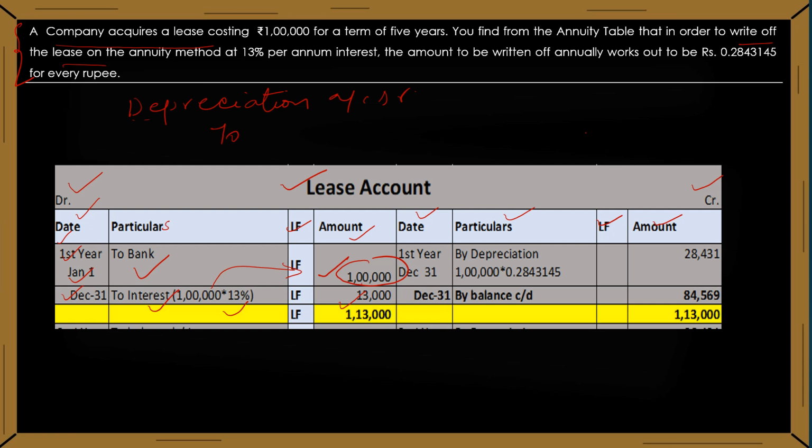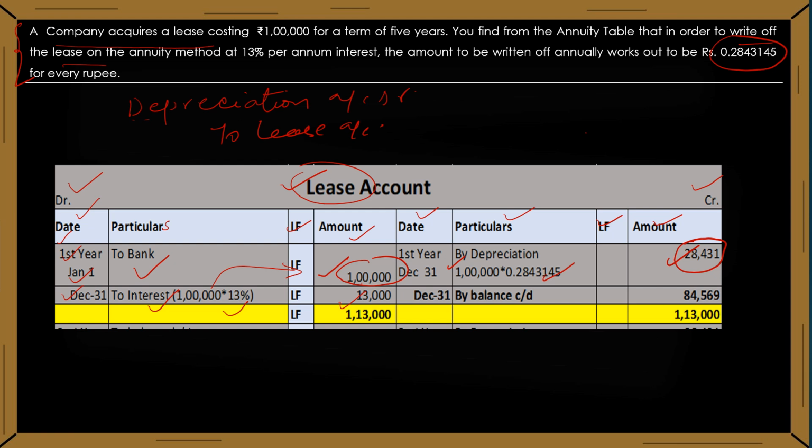Now, since we are doing lease account, we are going to take it as lease account. Okay. Depreciation to be charged is 1 lakh into the annuity factor 0.283145. Multiply, you get 28,431. 28,431 is going to remain constant for the next 4 years also.